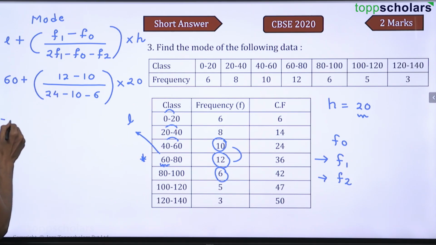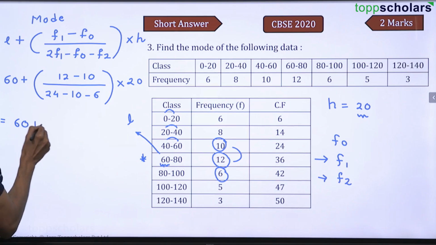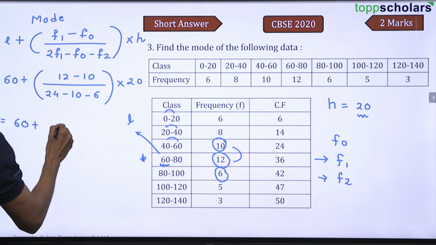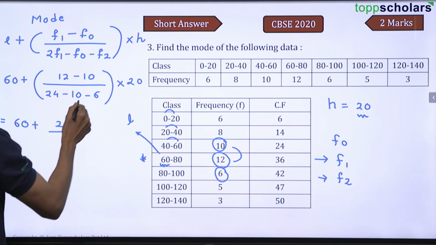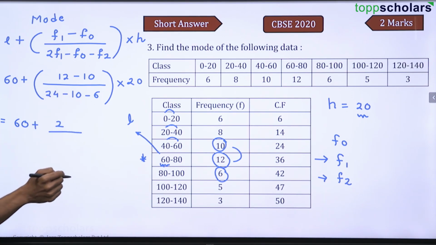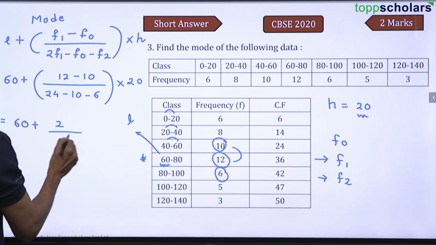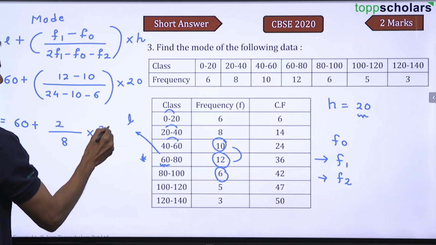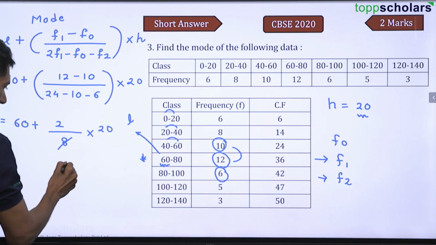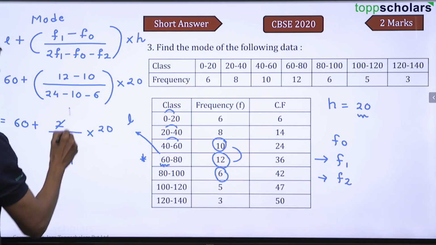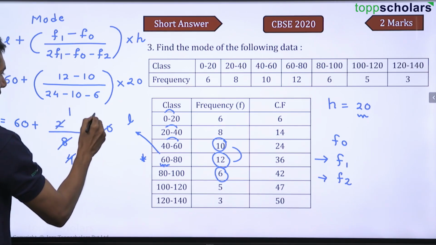So this is equal to 60 plus 12 minus 10 is 2, 24 minus 10 is 14, 14 minus 6 is 8 into 20. So this becomes 4 after dividing by 2. This is 1, this is 1, this is 5.